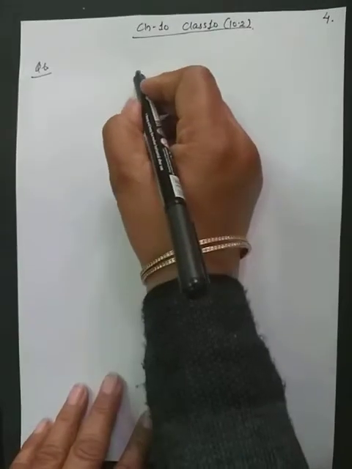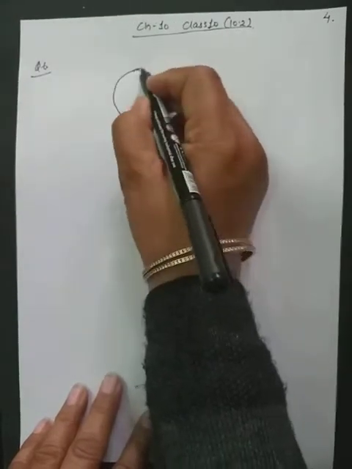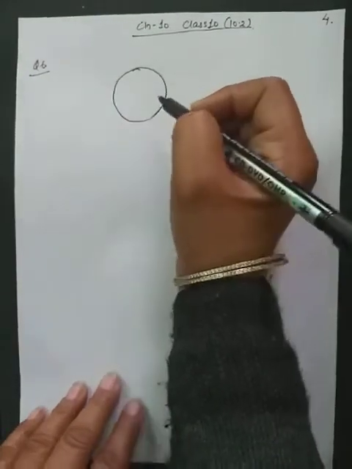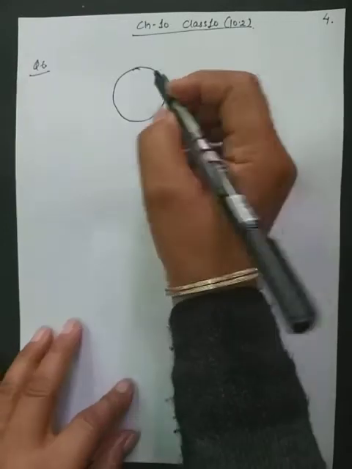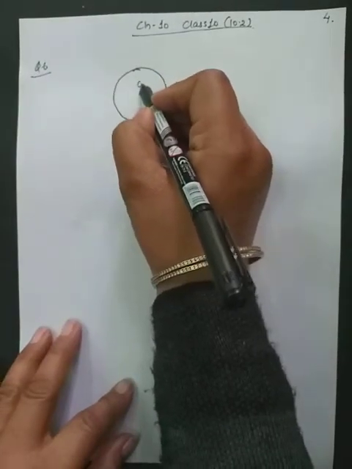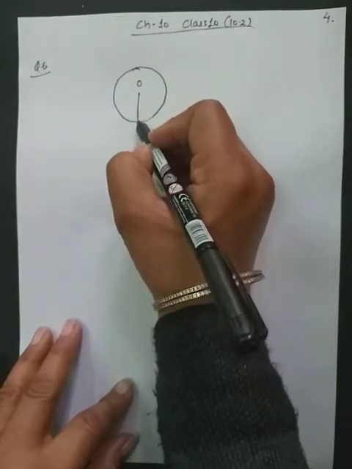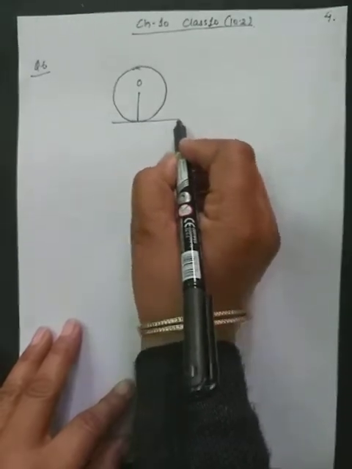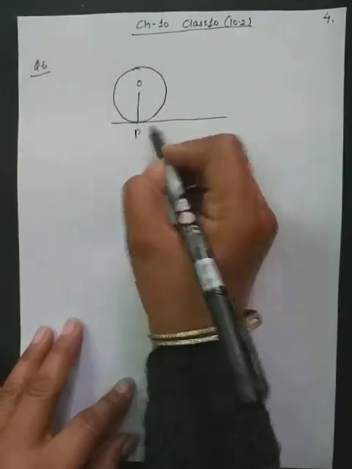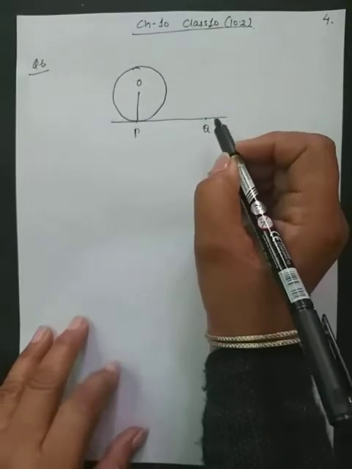Question number 6. The length of a tangent from a point A at distance 5 cm from the center of the circle is 4 cm. Find the radius of the circle. So let us assume O is the center of the circle and PQ is tangent.